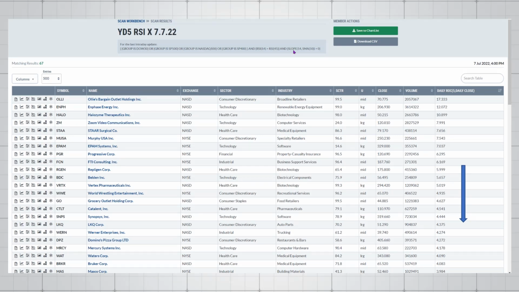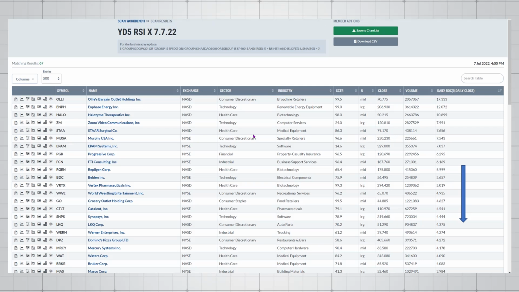67 matching results, fairly discrete number. We see that we have a variety of different sectors, industry groups, NASDAQ and NYSE principally here. Consumer discretionary leads this particular scan, Ollie's Bargain Outlet. We're going to take a look at that in a minute.